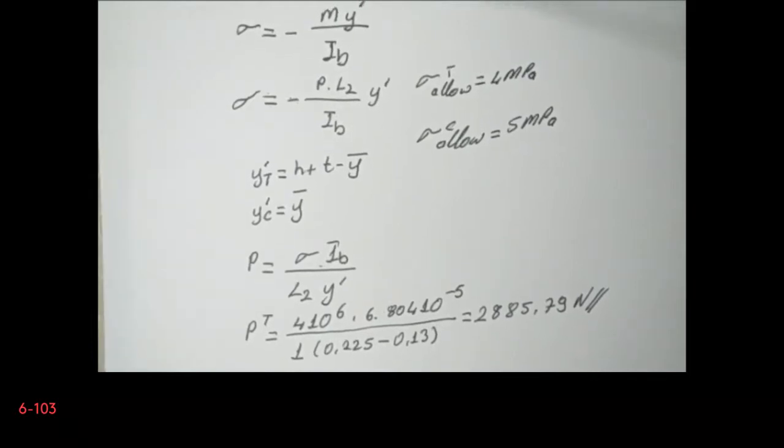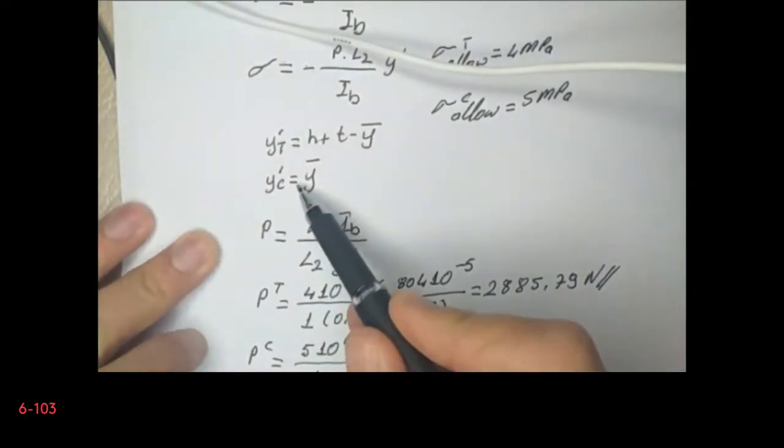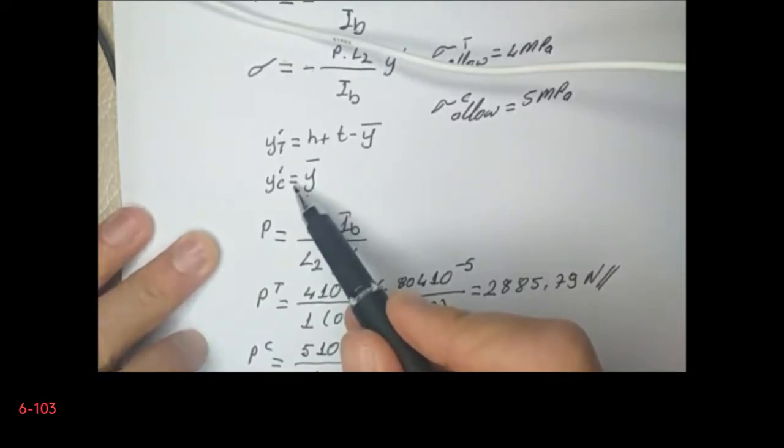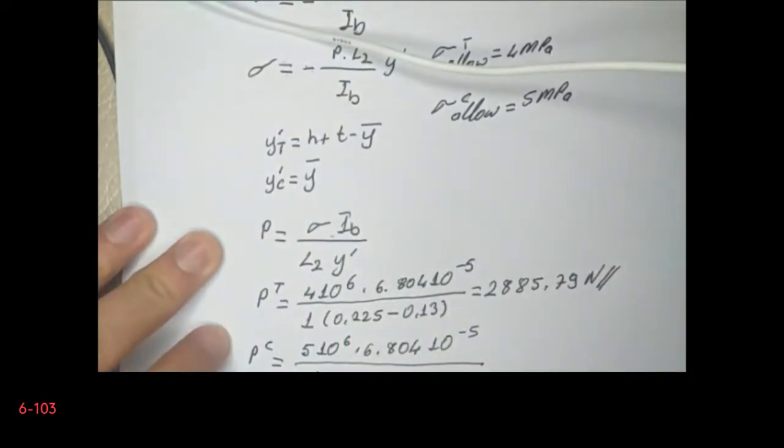So that is 5 × 10^6 multiplied by 6.804 × 10^-5 divided by 1, so it is L2. Now the location of the maximum compressive stress has a distance of y bar to the centroid, so it is 0.13.